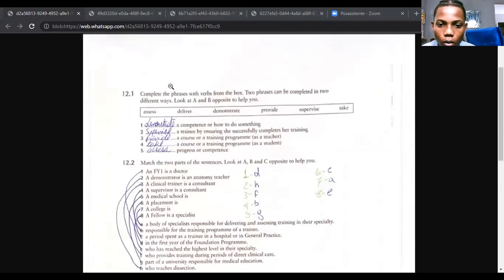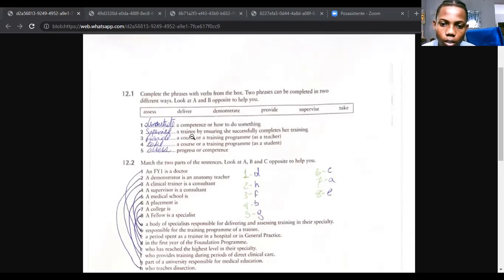Y ahora en español. Completa las frases con los siguientes verbos de cada caja. Dos frases pueden ser completadas de dos diferentes maneras. Demostrar es la competencia de cómo hacer algo.